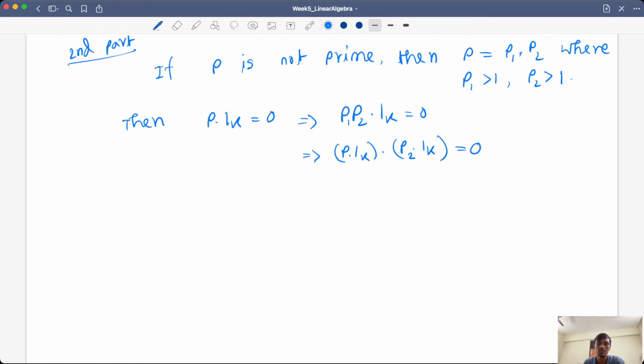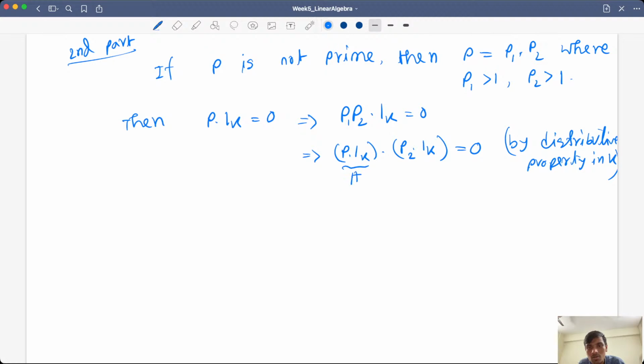So this is simply by the distributive property of plus and dot in the field K. Okay, but this thing is non-zero, right?